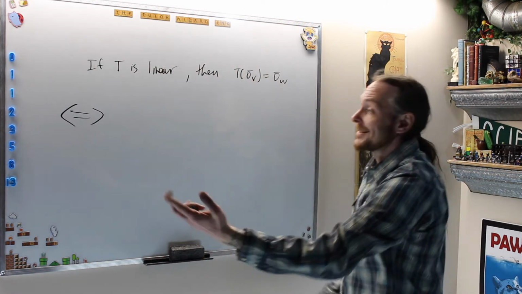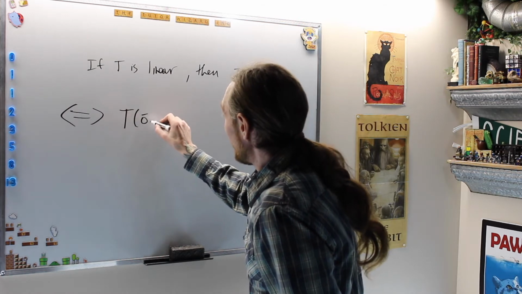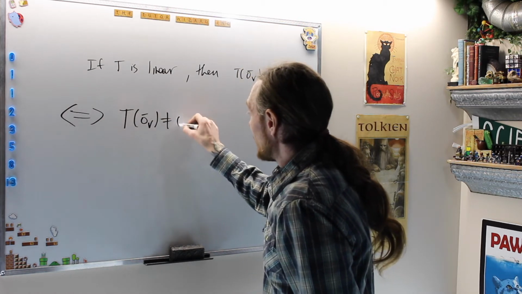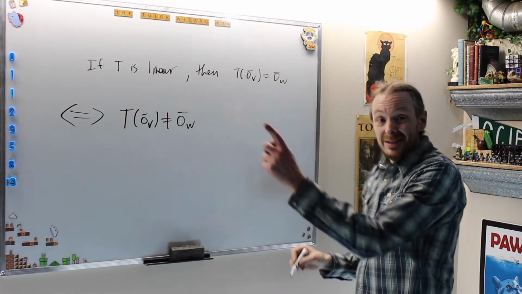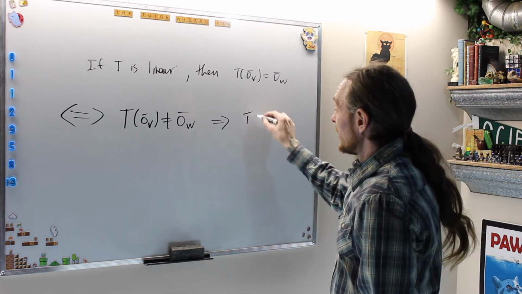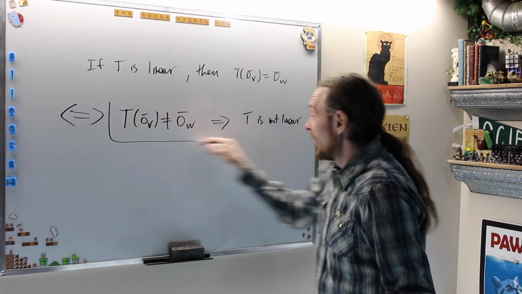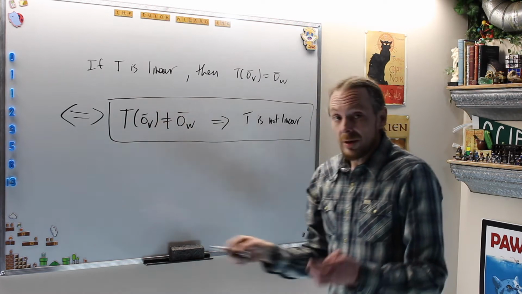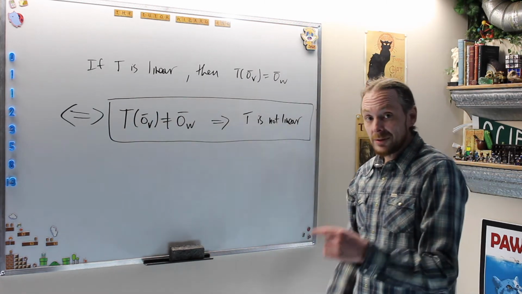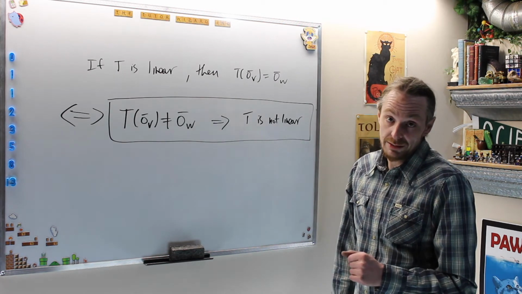Long story short, that says if T of 0v is not equal to 0w, if 0 doesn't go to 0, then T is not linear. And this is how you would want to show a transformation is not linear first. Always see if 0 maps to 0. If it doesn't, you're done. It's not a linear transformation.